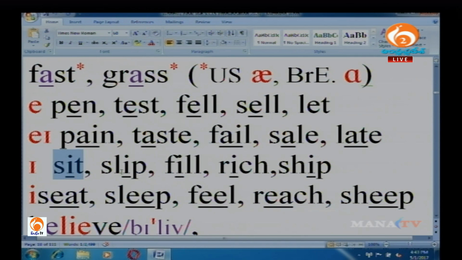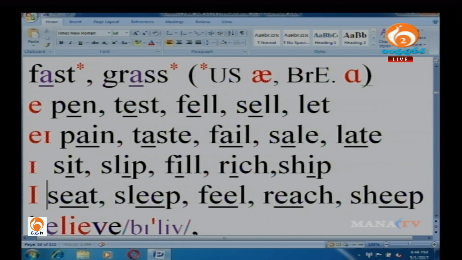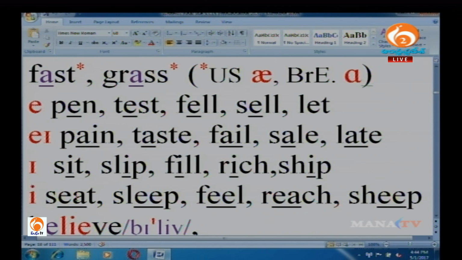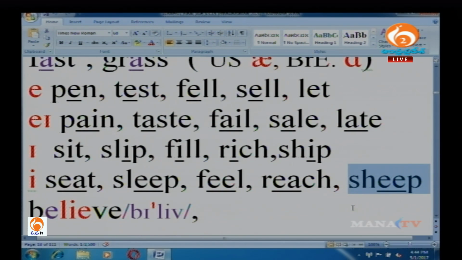Short i sound. Sit, slip, fill. Repeat after me. Rich, ship. Here it's the long e sound. This is the phonetic symbol for long e. This one, seat, sleep, feel, reach, sheep. So you see, short and long are very different.